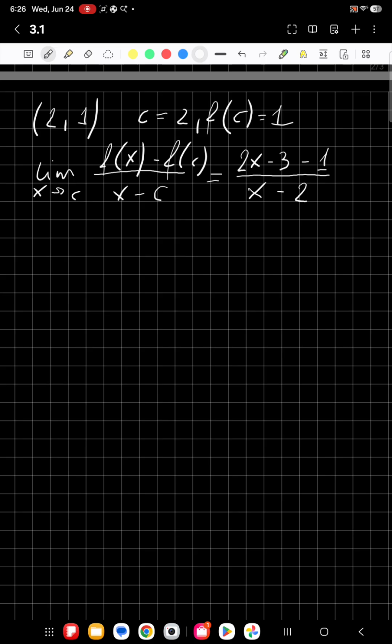All right. So maybe now I'll write that limit. So limit with x approaching, well, I should have written that limit over there too, and because now the c is 2, I have 2x minus 3, so it's going to be 2x minus 4. The bottom is x minus 2.